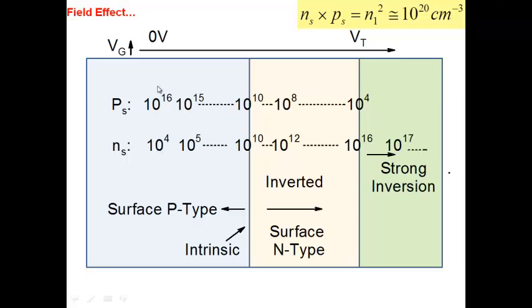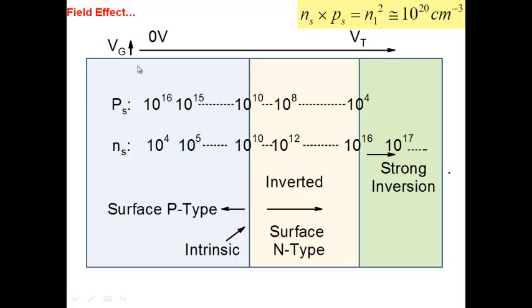That's my normal p-type semiconductor. As you go along this axis here, as you increase the gate voltage, what do you do? You push holes away from the surface. So holes become 10 to the power 15. When holes become 10 to the power 15, the number of electrons become 10 to the power 5, because the product has to be equal to 10 to the power 20. Okay, so they become 10 to the power 5.